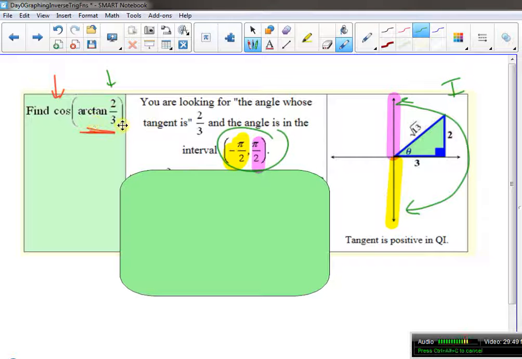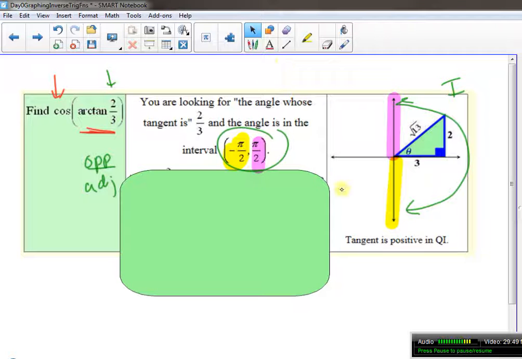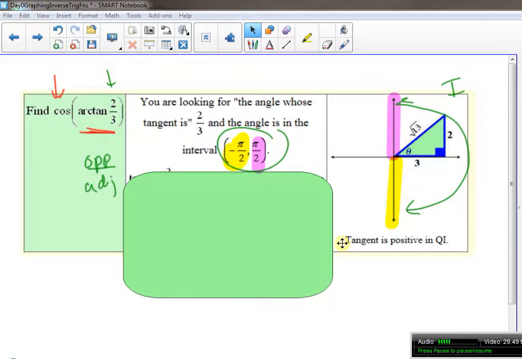If the arctangent is 2/3, that means the opposite over adjacent was 2/3. So we'll label our opposite side 2, we'll label our adjacent side 3, we'll use the Pythagorean theorem to come up with a square root of 13 for the hypotenuse. And now I can take all that information and straight away use it to figure out what the cosine is.